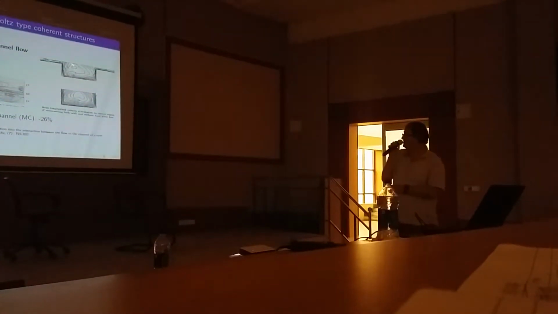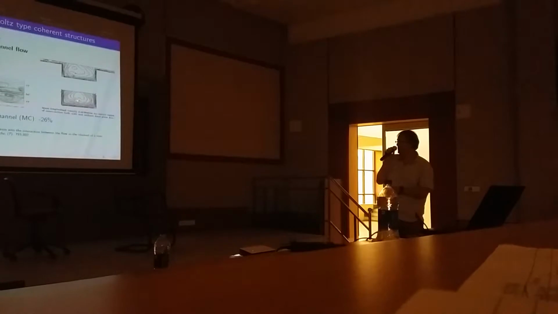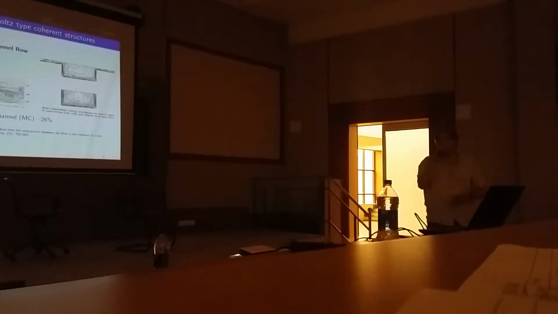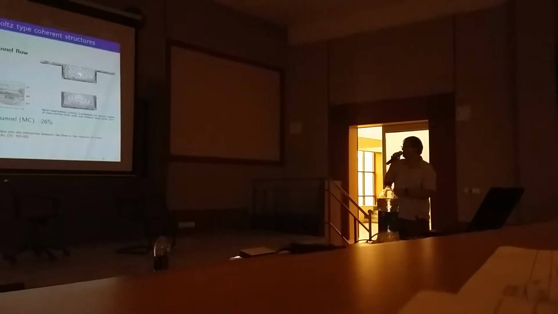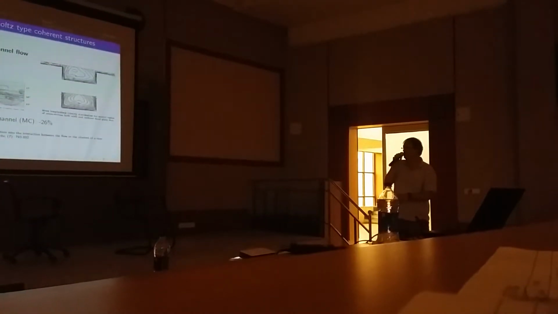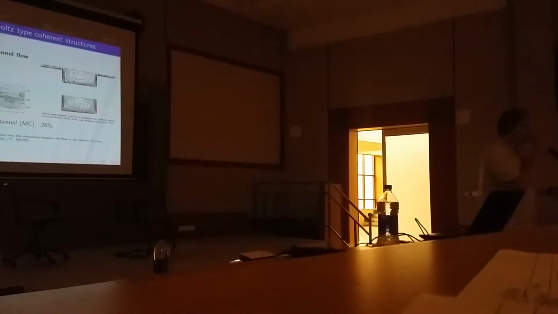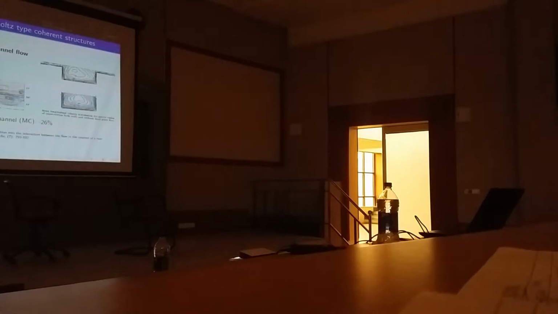And what you observed is, if there is no connection between the main channel and the floodplain, the conveyance in the main channel is significantly higher. If the reference situation is this, and you come to this situation, there is a reduction of the conveyance of minus 26%.